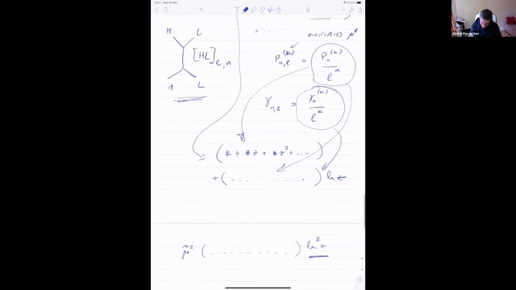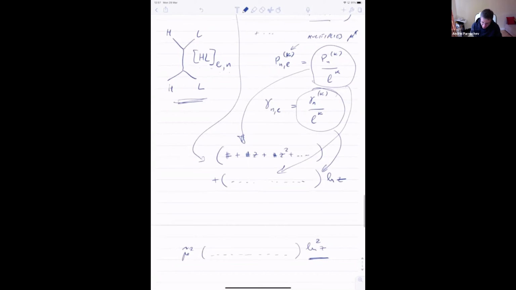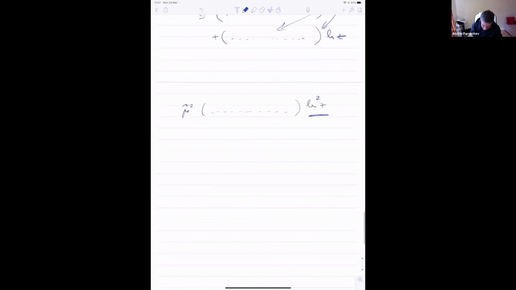This term is entirely determined by the conformal data coming from here, because of how the logs appear: you have something like z to the power delta heavy light, and then it gets an anomalous dimension, so it gets plus some gamma.